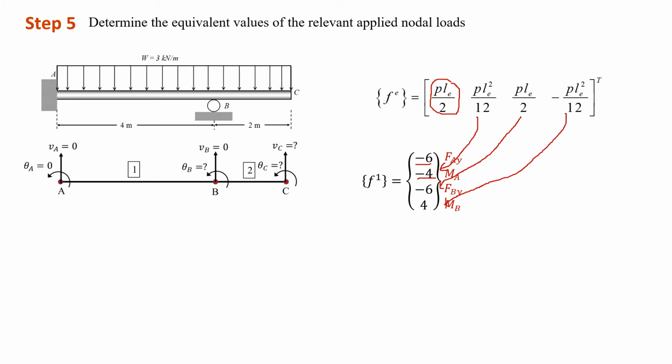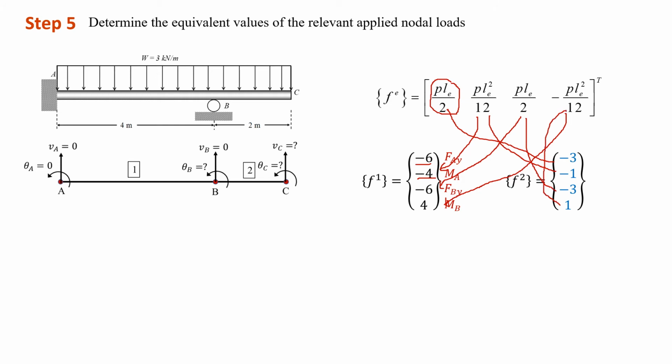We do the same for the second element by using the same equations, but for the second element, L is equal to 2. P is still equal to -3. For example, the first term here: P -3 times 2 equal to -6, divided by 2 equal to -3. The second term, by using the same equations, we can obtain the third and the fourth equations as well.